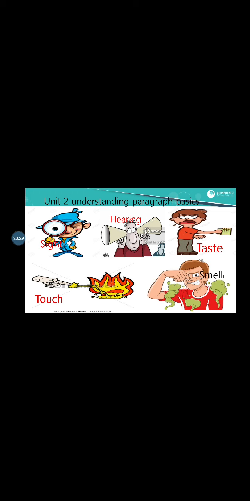Number 3, somebody's obviously just drank some disgusting beer, and that picture is showing taste. And the next one, as you well know, if you touch things, don't touch fire: touch. And number 5, smell. So number 1 is sight, number 2 is hearing, number 3 taste, 4 touch, 5 smell.